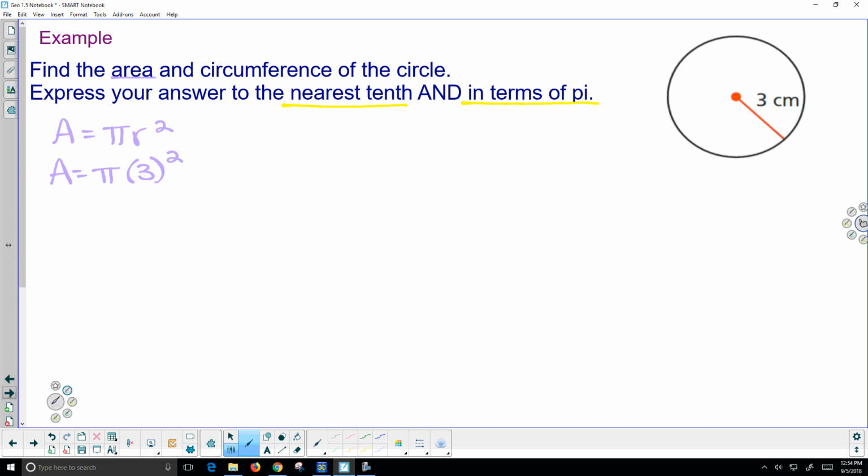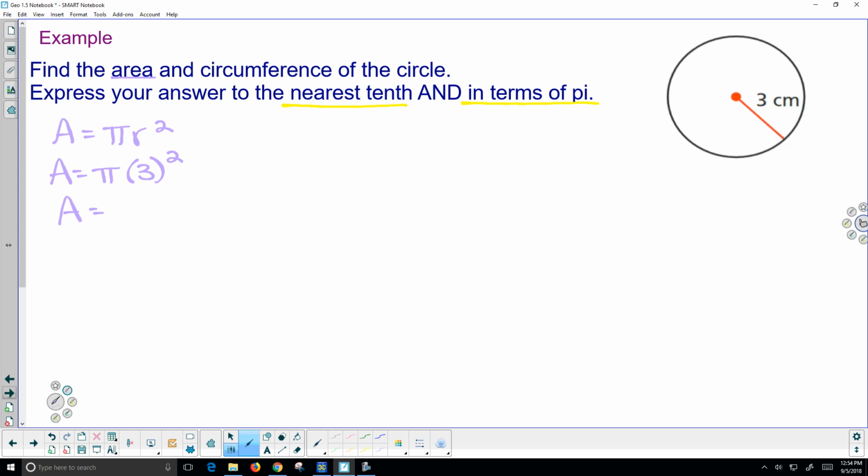Now, if you remember your exponents, and I know that you do, you know that the exponent only belongs to the 3. So you're going to do 3 squared. So in the next line, you're going to have pi times 9. Pi is not a variable. It's not like x or y or m. It is a symbol that represents one exact number.